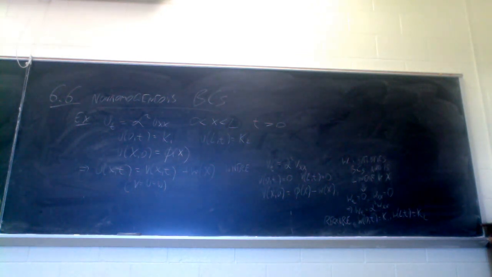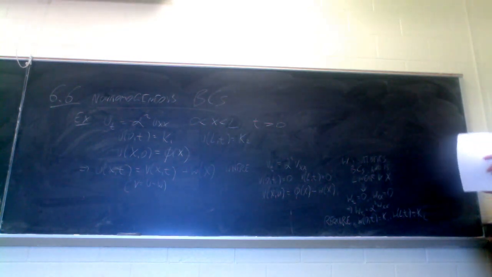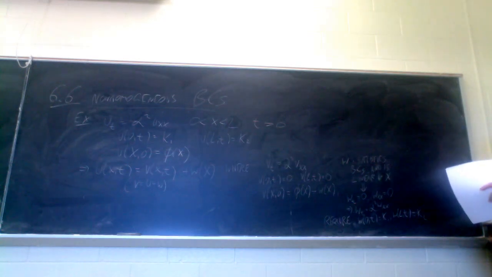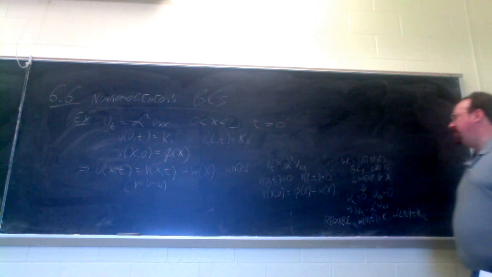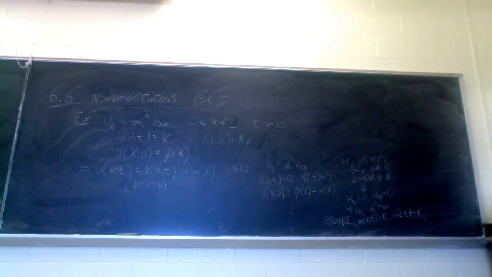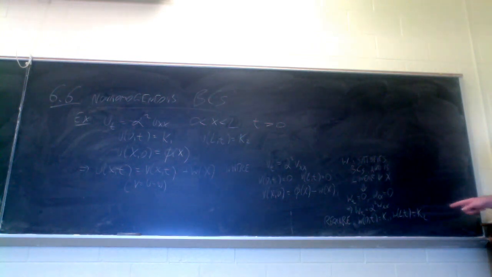Now, because the boundary conditions are linear, because U and W satisfy the same boundary conditions, their difference, which is V, satisfies homogeneous boundary conditions. So in other words, literally everything adds up. U, V, and W all satisfy the same PDE. The boundary conditions for V and W add to be those of U, and the initial data for V and W add up to be those of U. So now we just have to deal with this.